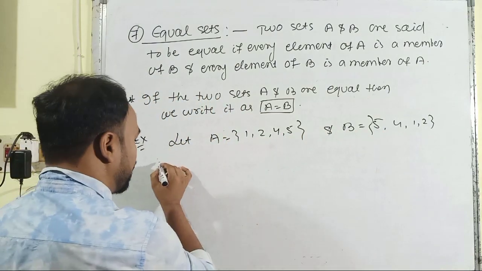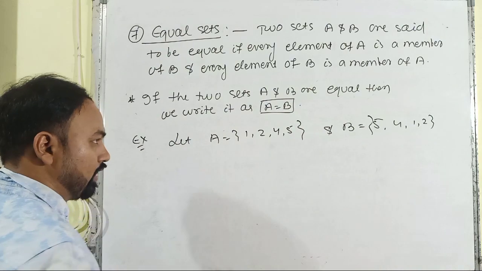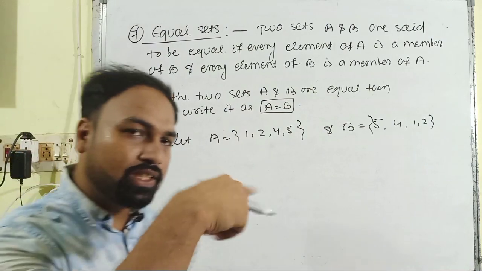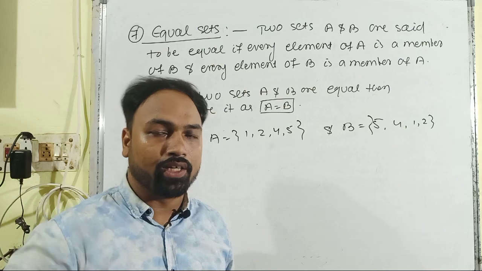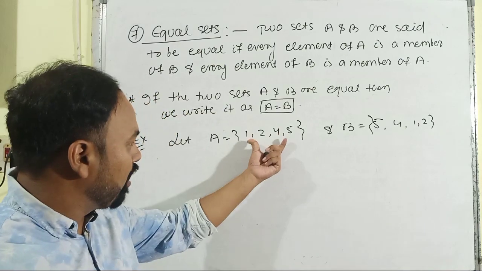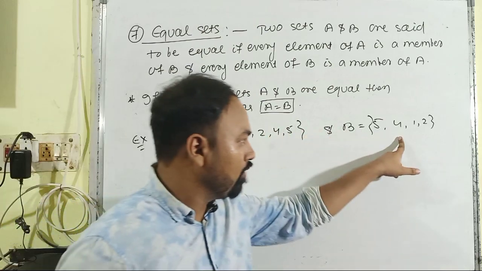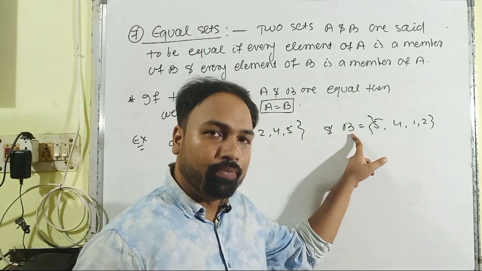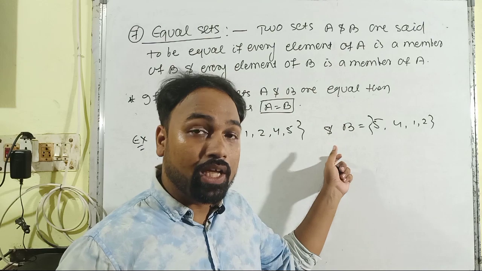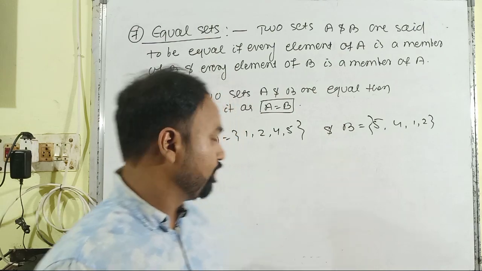So we can write it as A is equal to B. And again, by considering the previous definition of equivalent sets, the total number of elements present in the A set is equal to 4, and also the total number of elements in the B set is equal to 4. That means they are also equivalent sets.